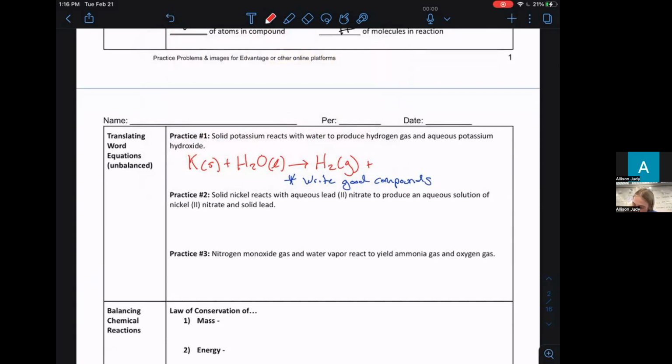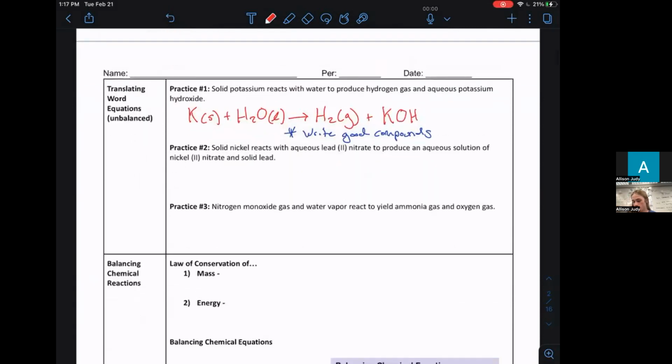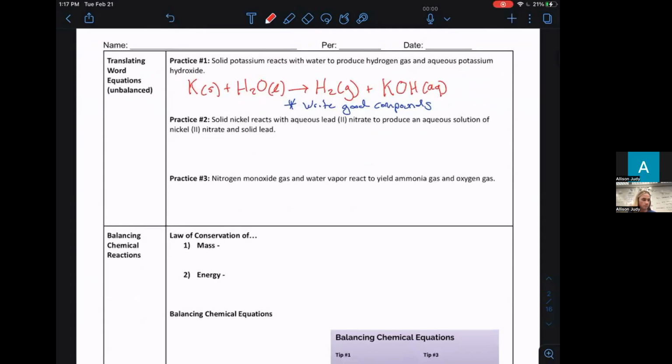So potassium hydroxide is an ionic compound. Potassium is a cation that likes to take on a 1+ charge, and hydroxide is a polyatomic with a 1- charge. So you'll get KOH is the potassium hydroxide, and they say it's aqueous. So we will write that.